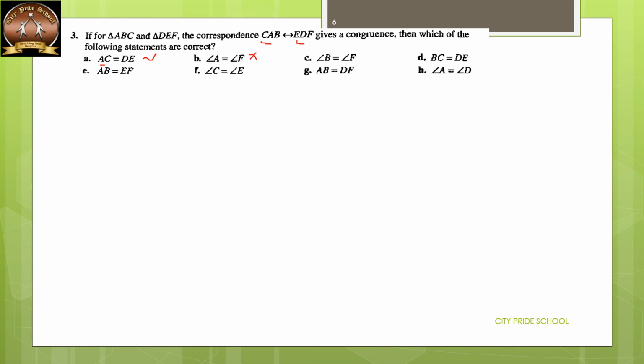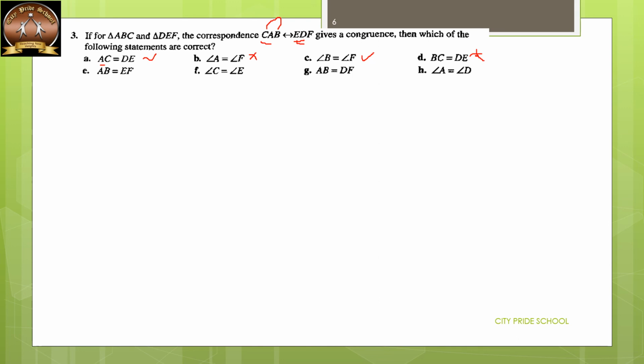Come to statement number C. That is, C says that angle B is equal to angle F. Yes, it is correct. Now come to the next one, that is BC is congruent to DE. So they are saying that side BC is congruent to DE. So this is not correct according to our correspondence.